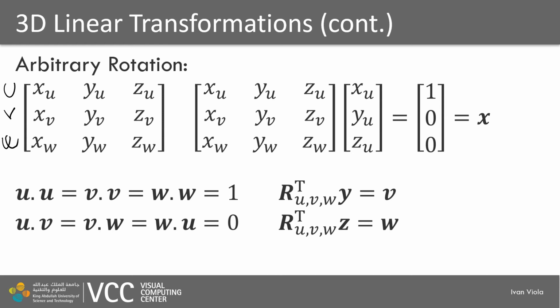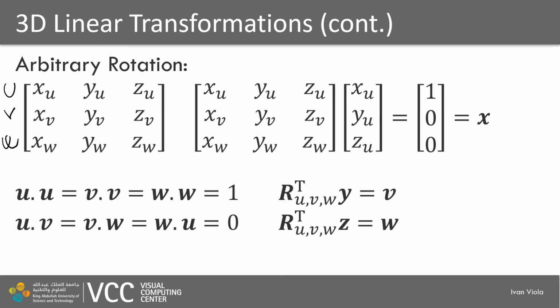The same holds for w: if we enter the column vector xw, yw, zw and post-multiply with this matrix, we end up with 0, 0, 1, which corresponds to the z-axis. So we can transform this coordinate system, UVW, with such a multiplication into the canonical coordinate system.